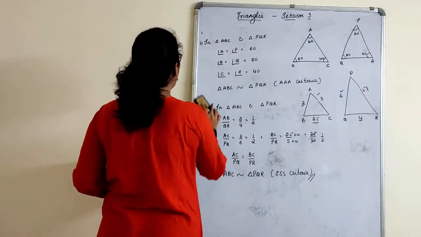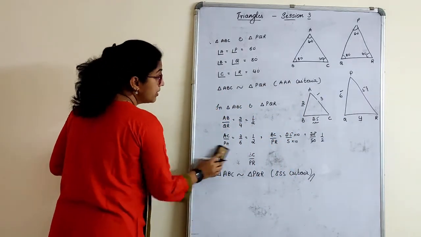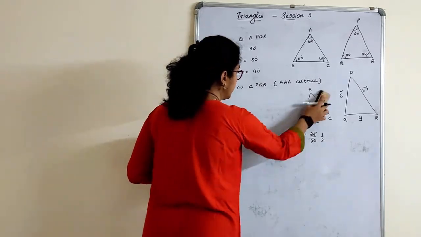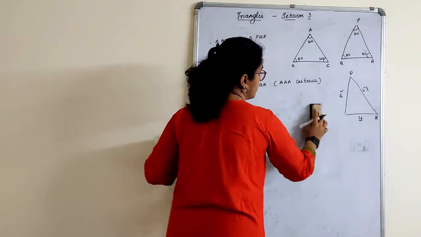Let us see, are they proportional or are they not? A figure is a must. Though it is given, you have to draw the figure and only then start solving it.